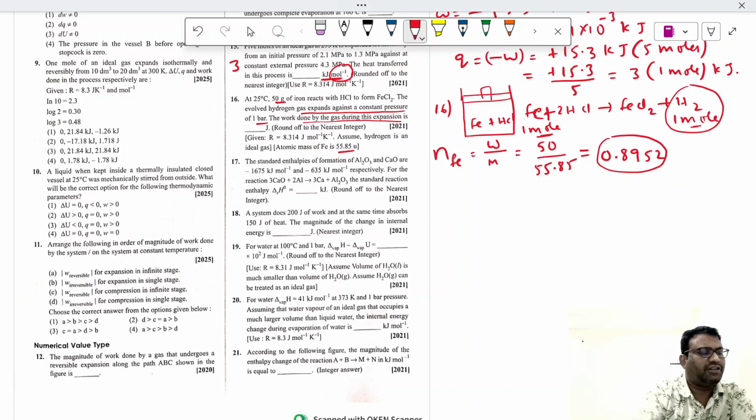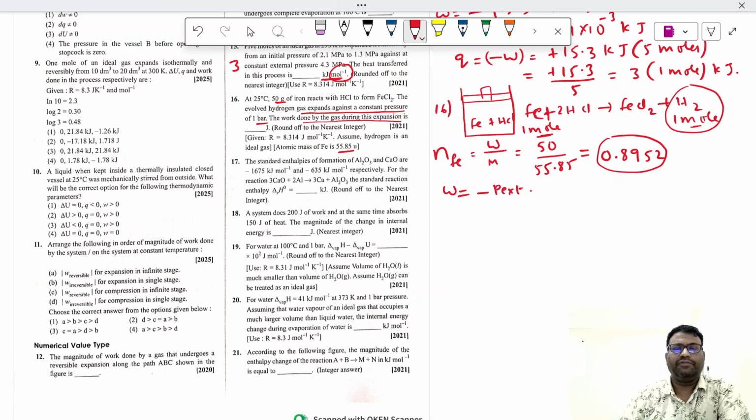In the case of work done, the formula is work done is equal to minus P external into delta V. As this hydrogen gas is considered to be an ideal gas, we can apply PV is equal to nRT, V is equal to nRT by P.